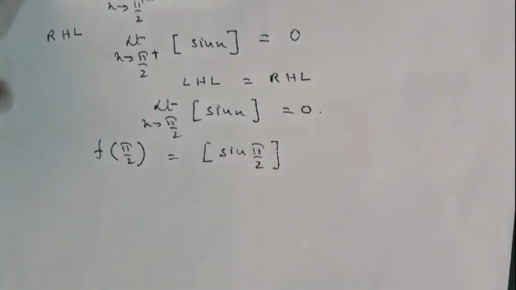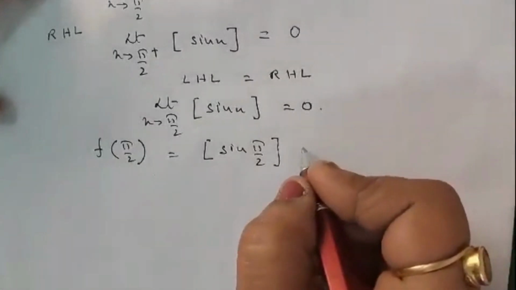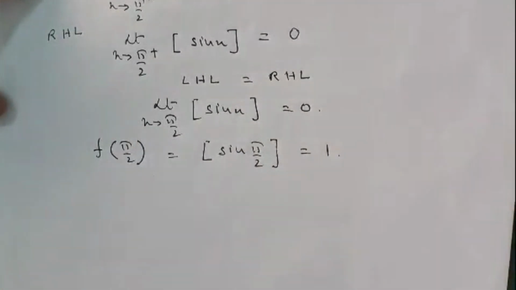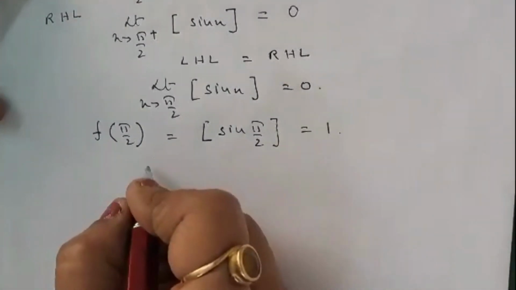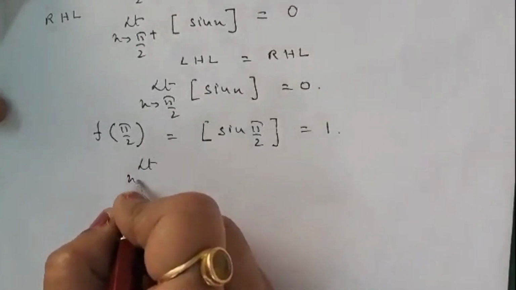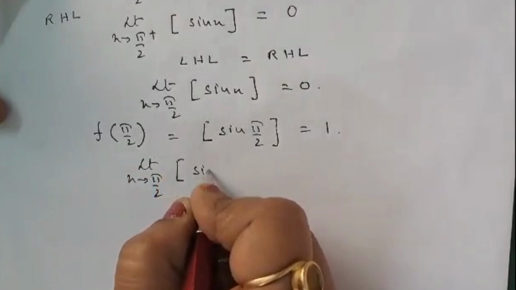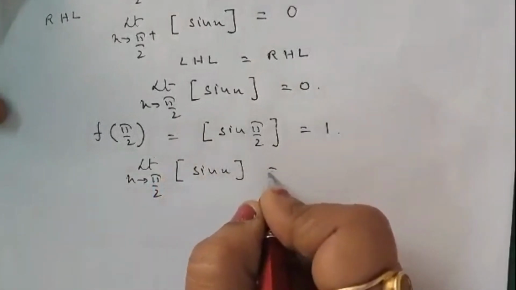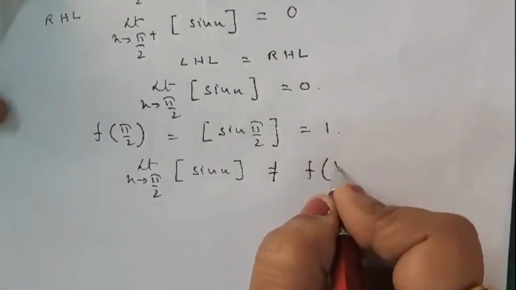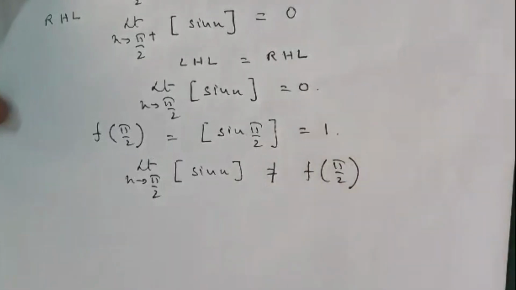Now sin pi by 2 is 1 and its box value will be 1. So from here we can say that limit x tends to pi by 2 box sin x is not equal to f of pi by 2.